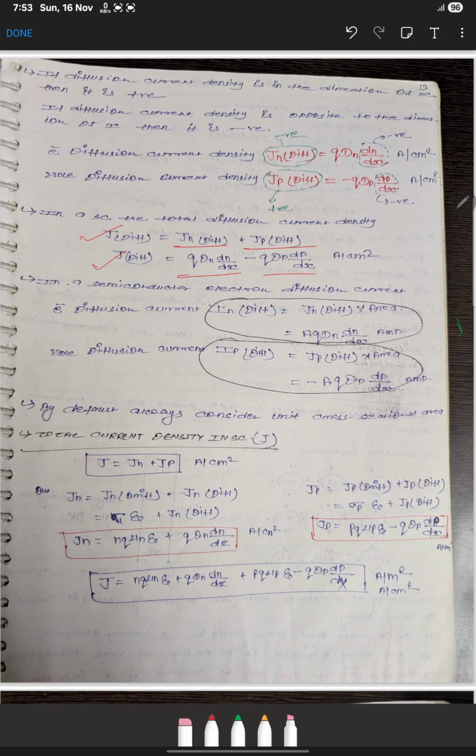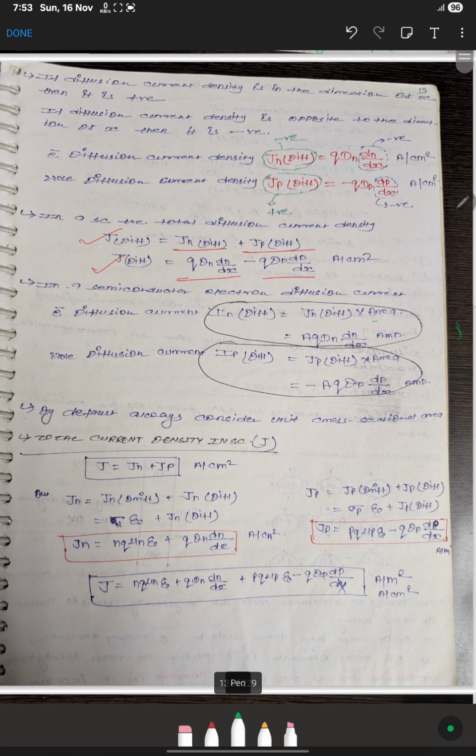In a semiconductor, electron diffusion current In diffusion is equal to Jn diffusion into area. Let's denote area by A. So we have Jn equal to q Dn dn by dx.